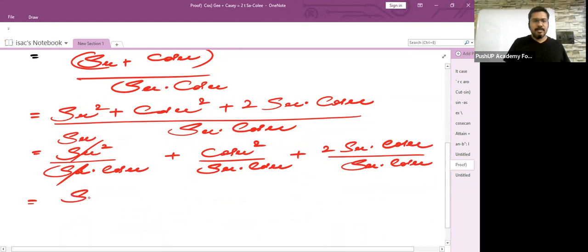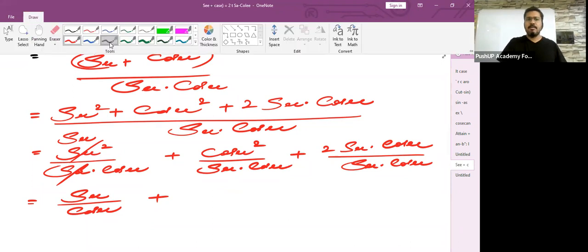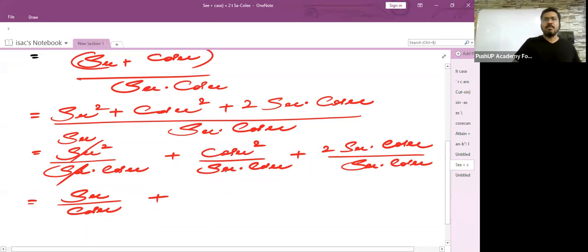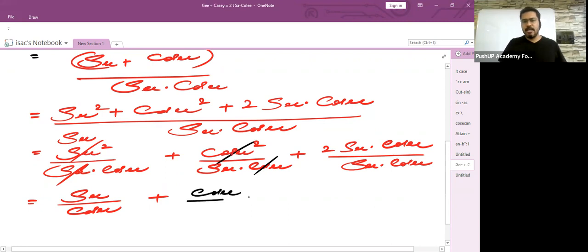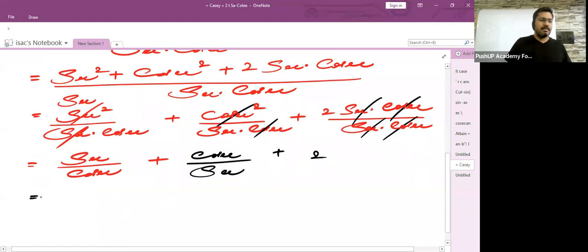Sec and sec square cancel, you get sec upon cosec plus. Cosec and cosec square cancel to get cosec upon sec. Put the plus sign here, and sec, cosec cancel in the last term, so you're getting 2.